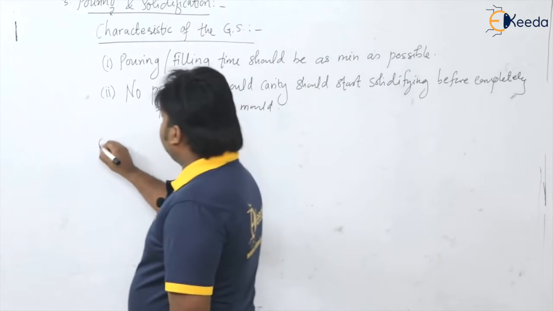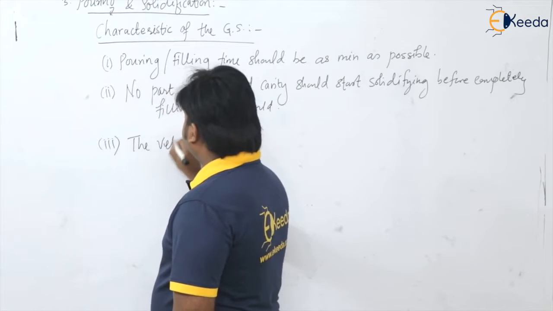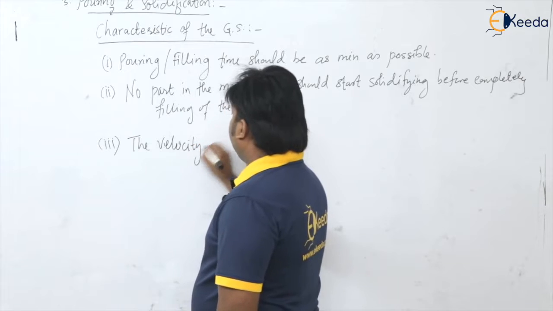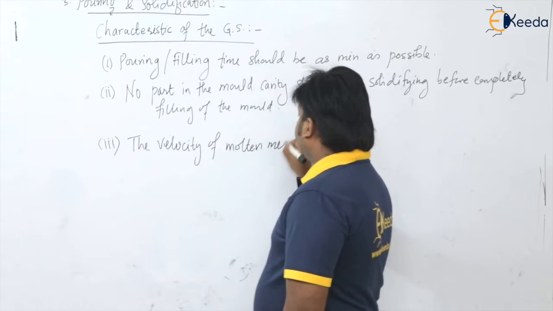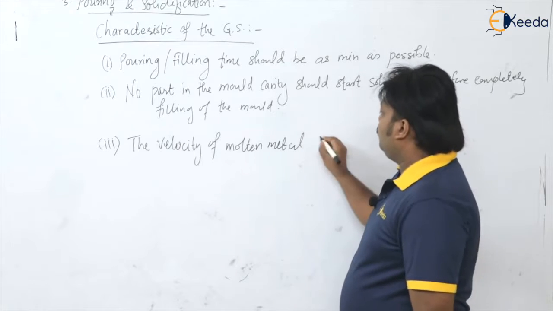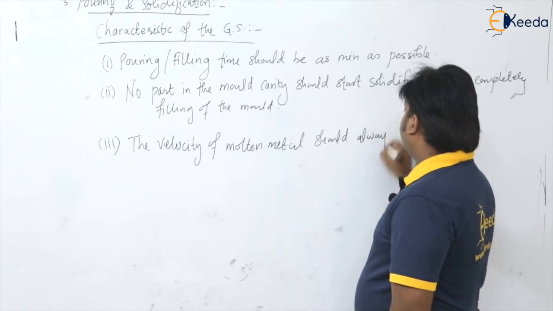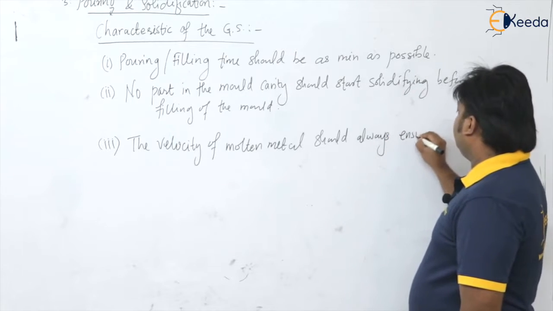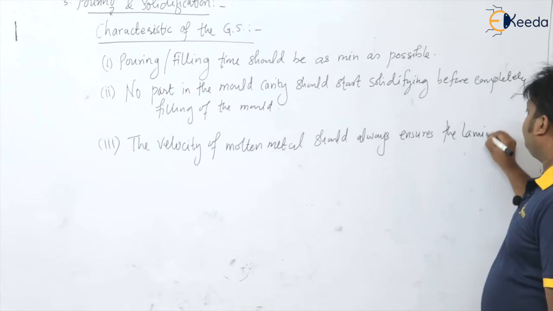The third thing is that the velocity of the molten metal should always ensure laminar flow.